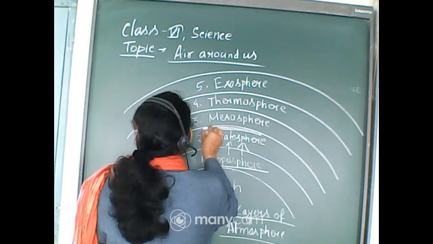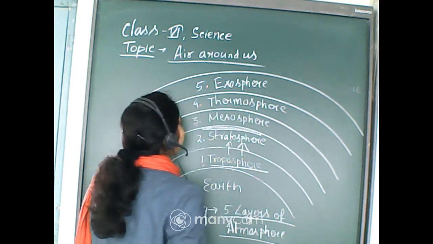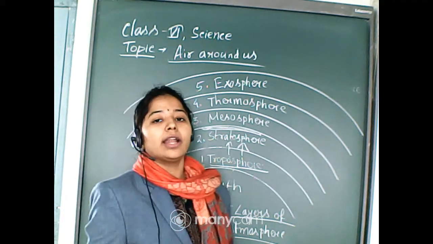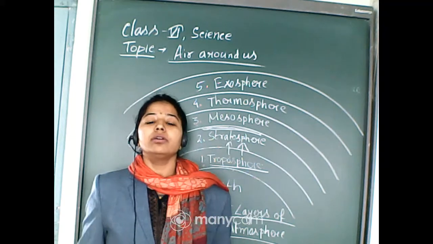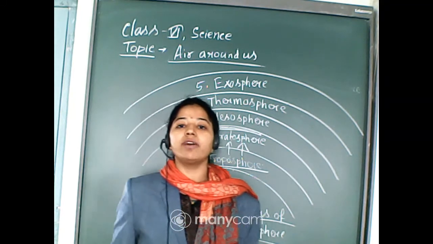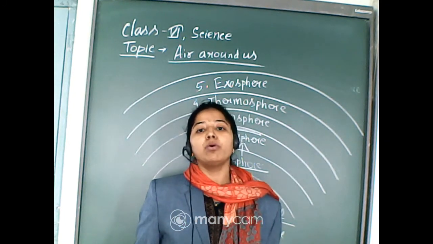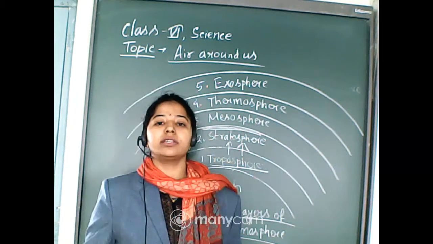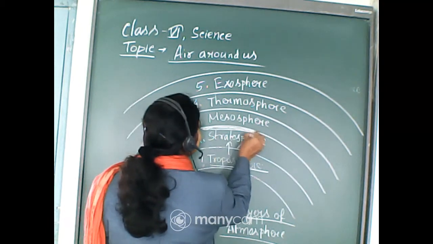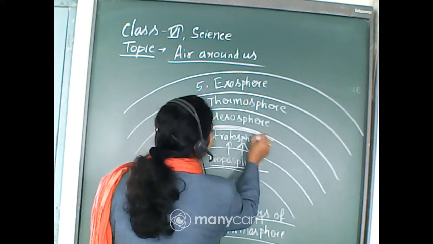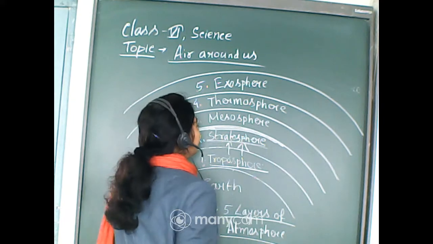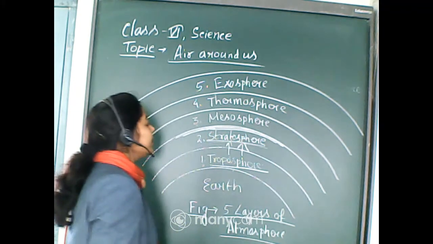It is a protective covering of earth, but due to pollution and so many harmful gases, the ozone layer is now broken, so harmful ultraviolet rays can easily pass through the pores made by such harmful gases. So you have to remember this point: in the stratosphere we find the ozone layer.